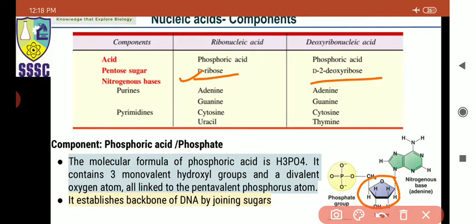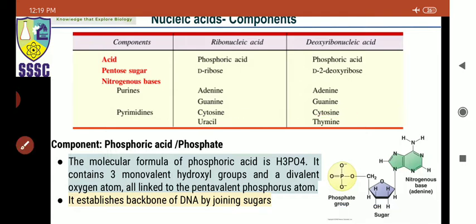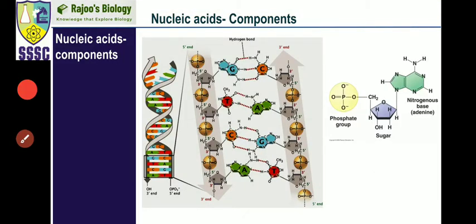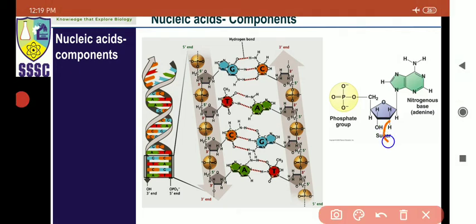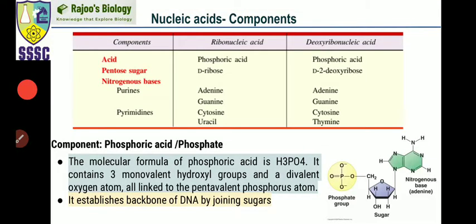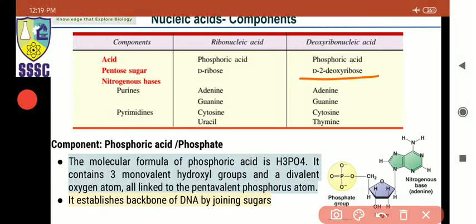This sugar in RNA is a ribose, and in DNA it is a deoxyribose. What is deoxyribose? You can see over here, instead of OH there is an H, meaning one oxygen is less. That's why it is known as deoxy. So deoxyribose is found in DNA, ribose sugar is found in RNA.